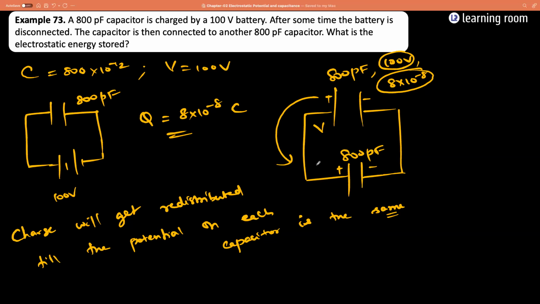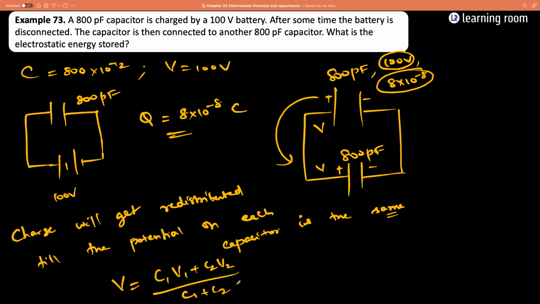Right? Here potential will be V, here also the potential will be V only. But how to find the common potential? V will be equal to C1 V1 plus C2 V2 divided by C1 plus C2.